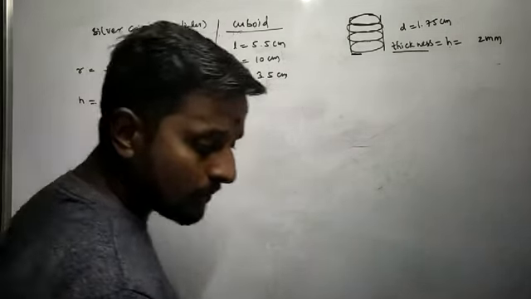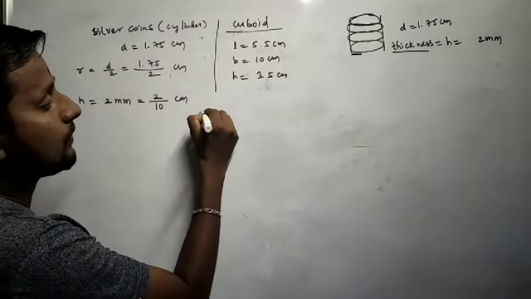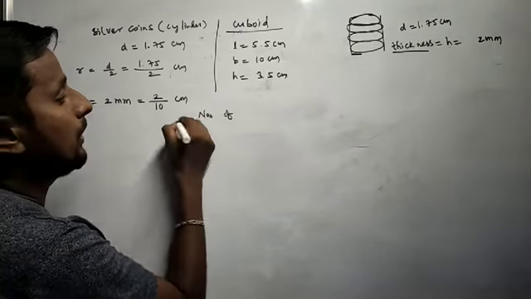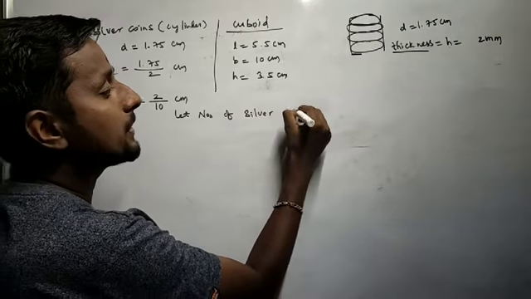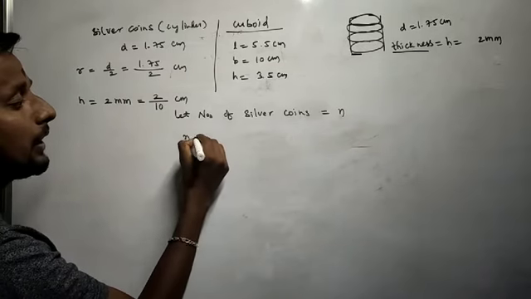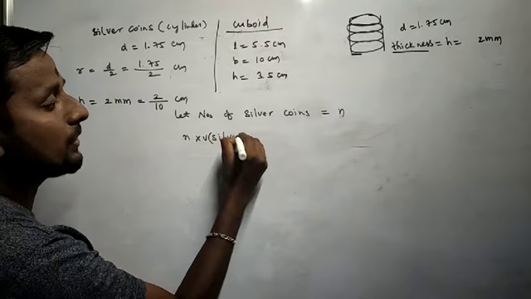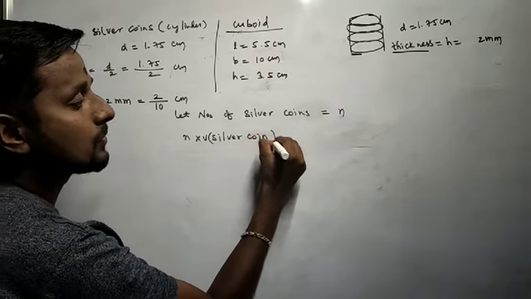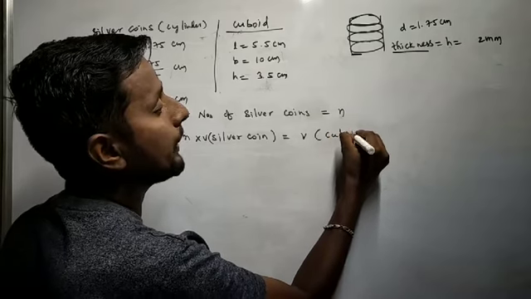So what I want to say, very clear: let the number of silver coins be n. What happened? n into the volume of a silver coin is equal to the volume of a cuboid.